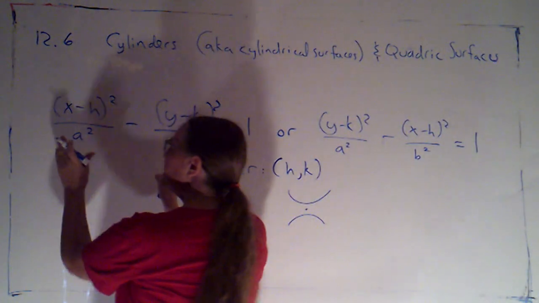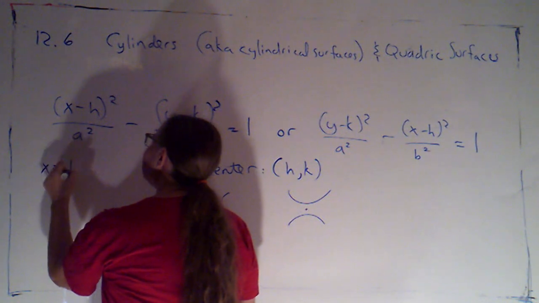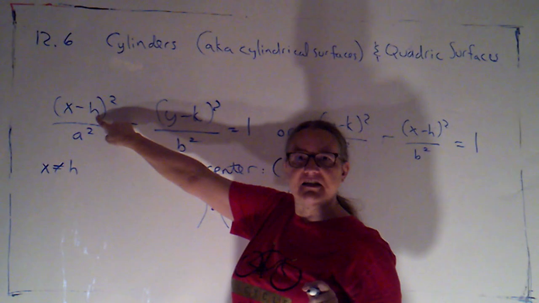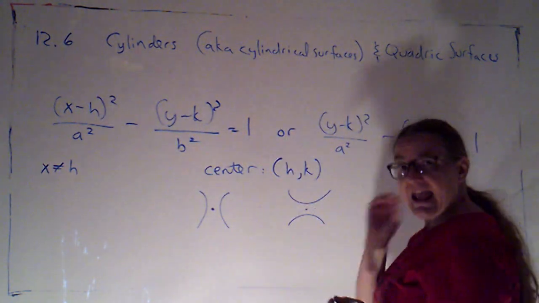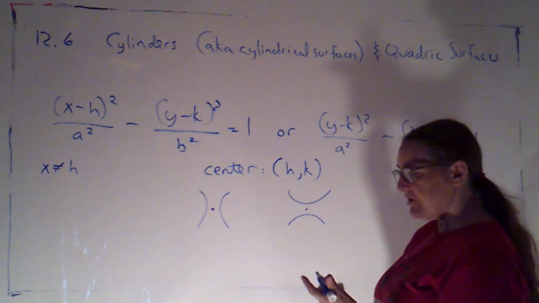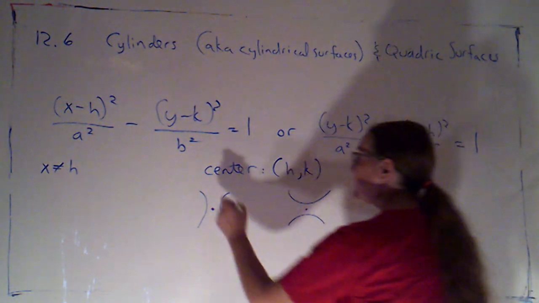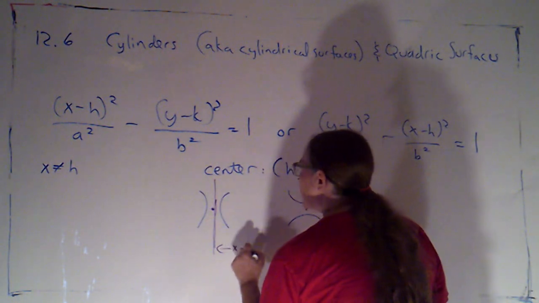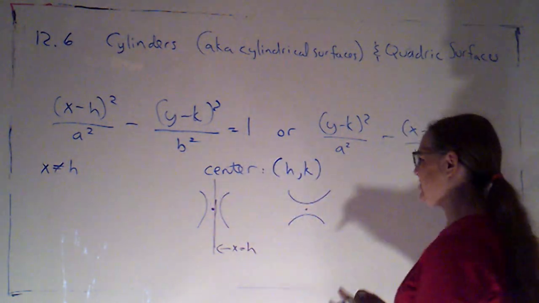So if I have this sort of an equation, I know that x can never equal h, because that's what would make that initial term 0. But x equals h is the equation for the vertical line that would go through the center point. Here, x is never equal to h.